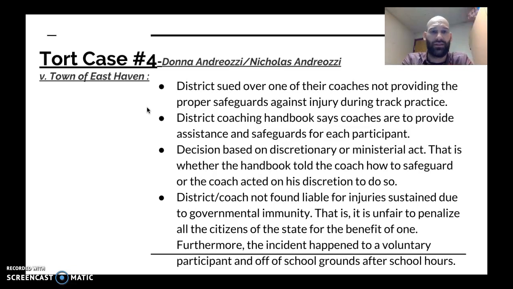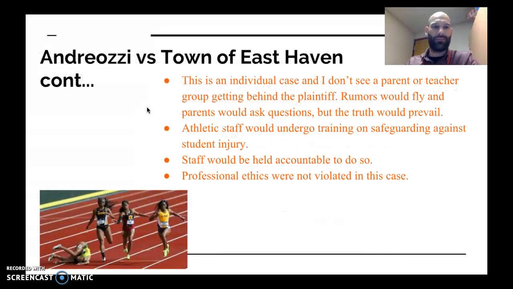This basically states that you cannot win this type of case to benefit one person in a way that is going to penalize all the other citizens of that state or area for the benefit of one. And also the incident happened to a voluntary participant off of school grounds and after school hours, so this was another way that the school district was able to win this case.